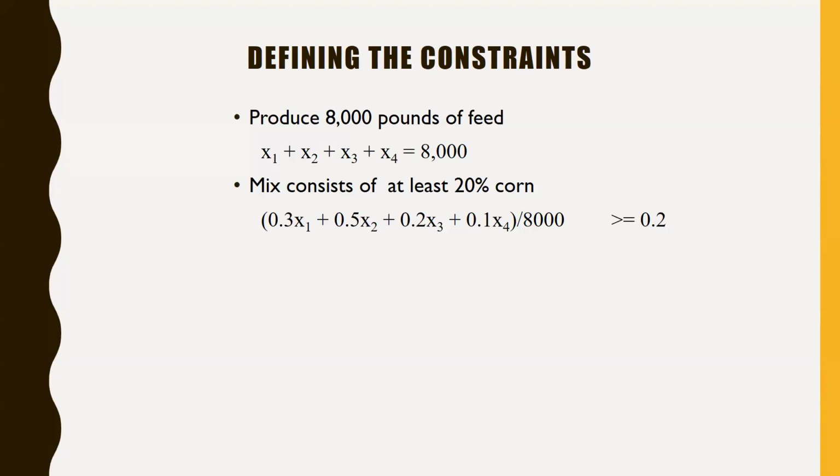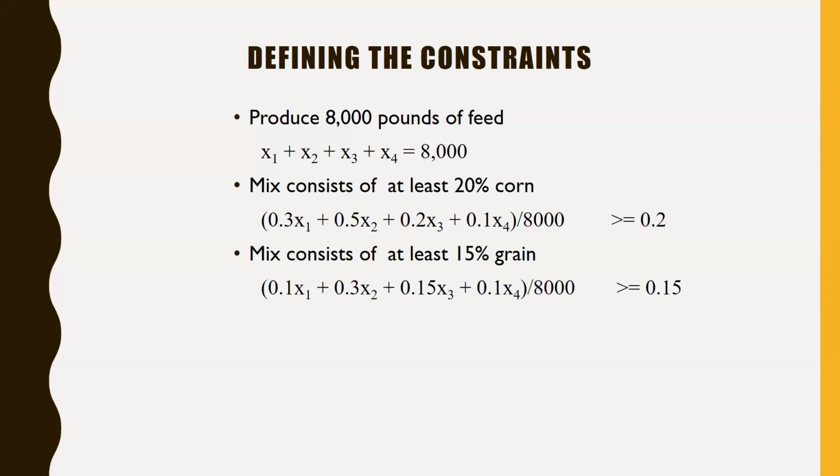This should be greater than or equal to 0.2. That means you have to add corn at least 20%. At least 15% grain. At least means minimum.